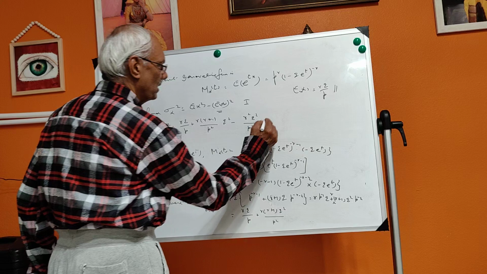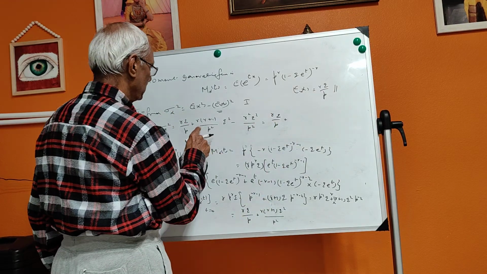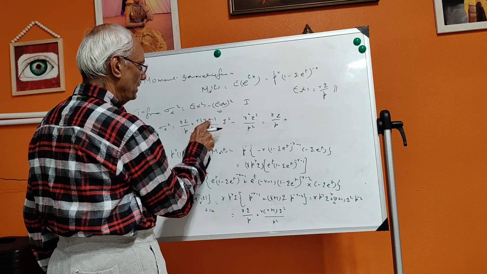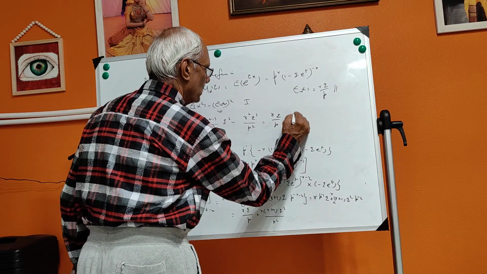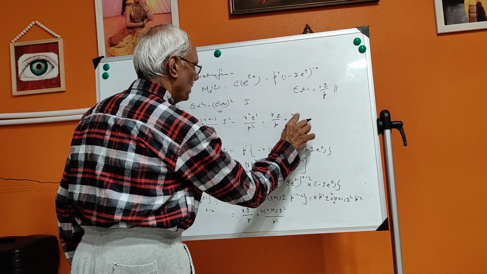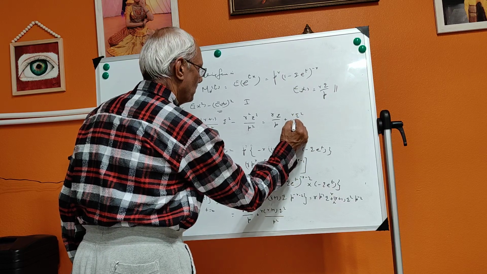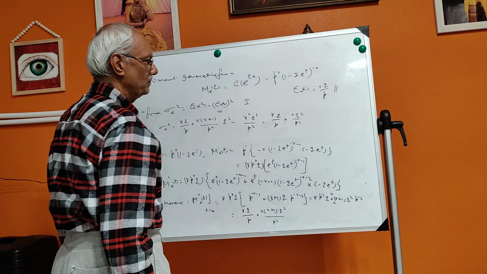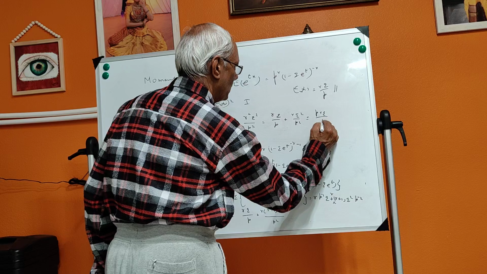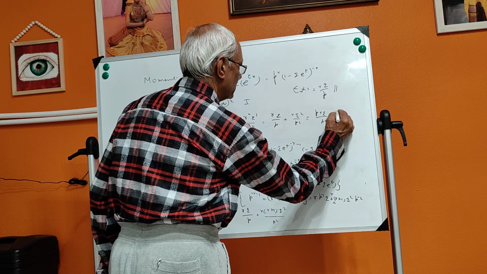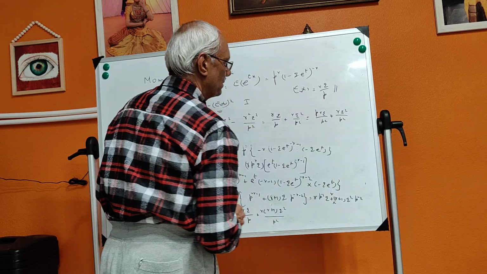So what are you left with? r q by p plus, these r squared q squared by p squared terms go off, giving you r q squared by p squared. So this is nothing but r q p divided by p squared plus r q squared divided by p squared.